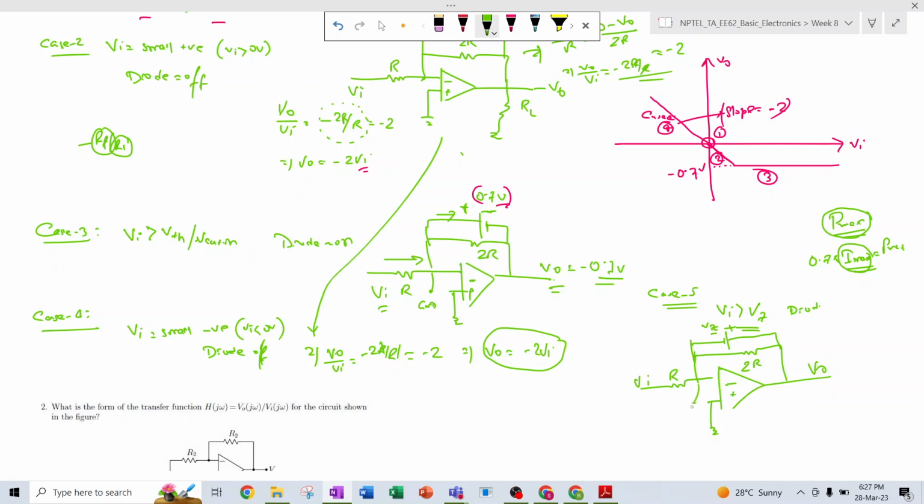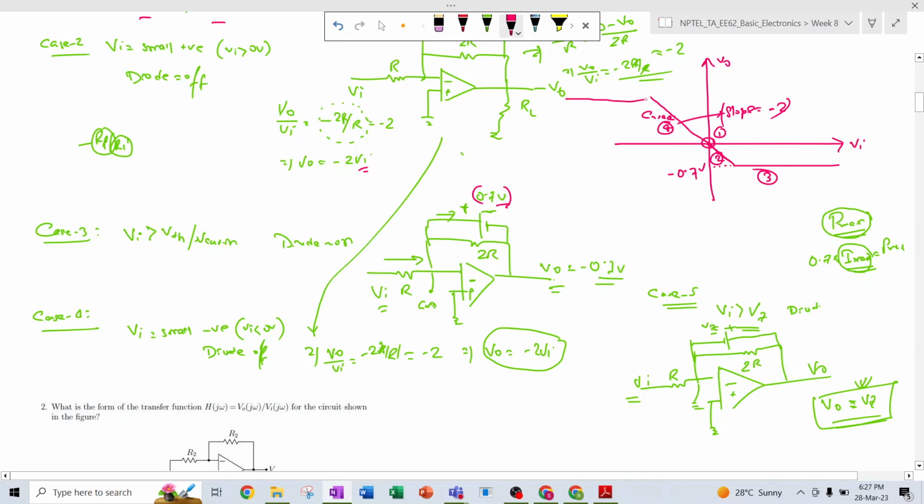As this is ground, VO will get the constant Vz voltage. So VO is constant at Vz irrespective of the input. Means if we decrease the Vi even more, then also VO becomes fixed, that is Vz.